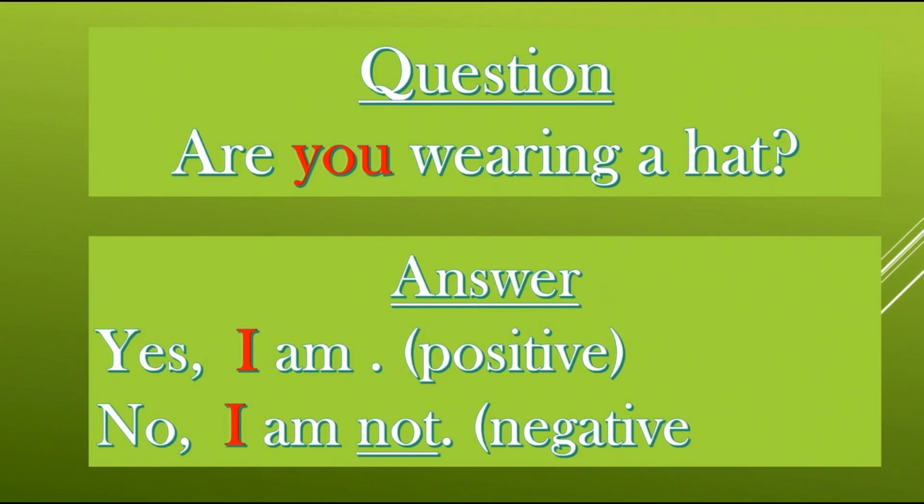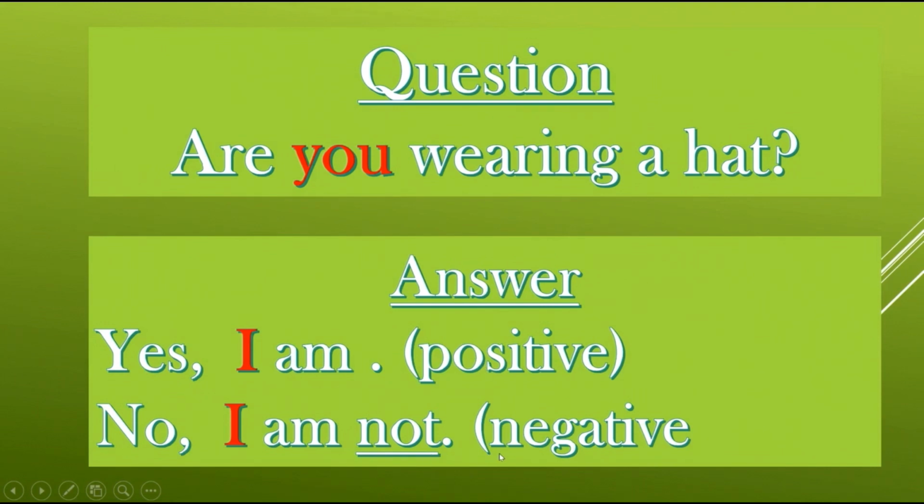So you have to be careful and be mindful of the subject because that is very important. You have to look carefully at the subject of the question so you will write the correct verb in the answer. Here we have, are you wearing a hat? Your answer could be, yes, I. The verb for I is am, right? So for the positive, you will say, yes, I am.